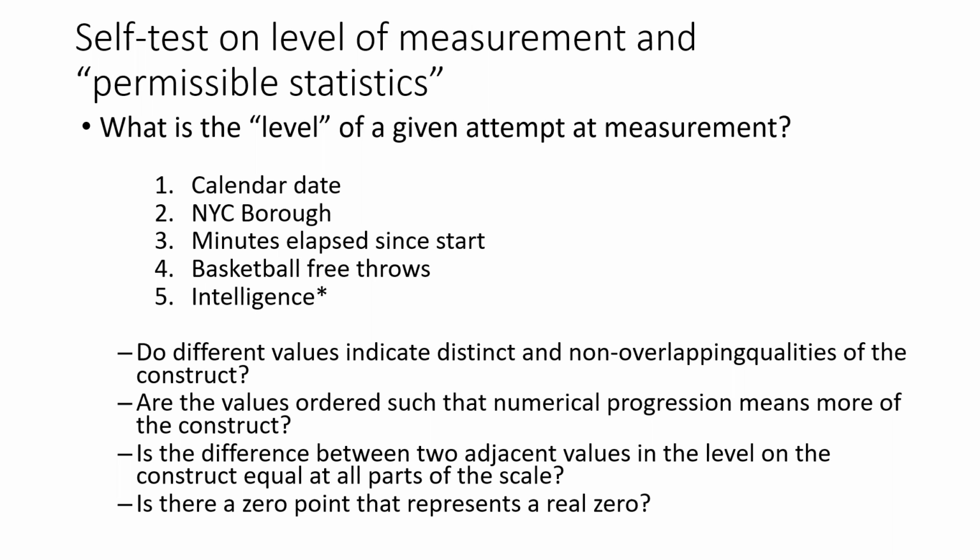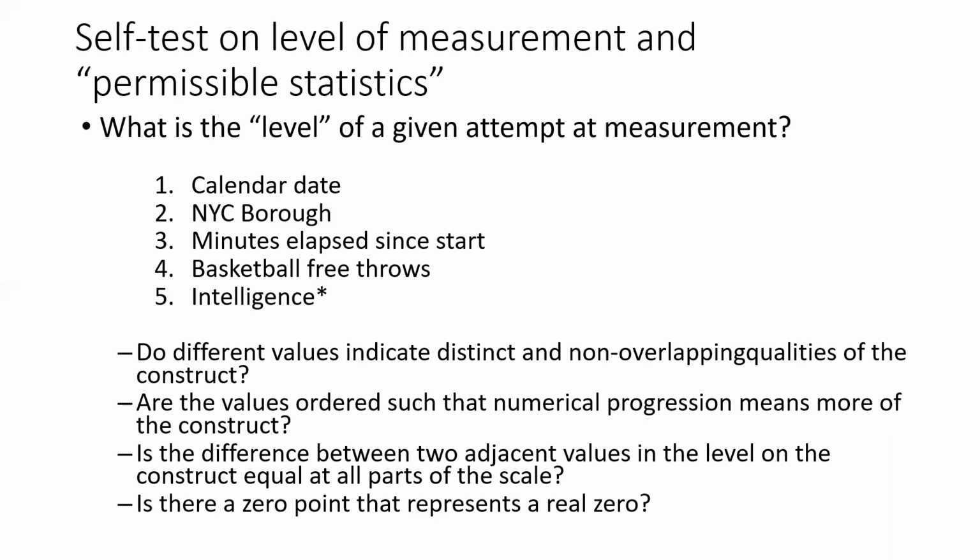They've got a three. They're not also a four. So that means it's more than categorical or nominal. Yes, the values are ordered. 4 is definitely more minutes than 3. 4 is 1 more minute than 3, just like 3 is 1 more minute than 4.